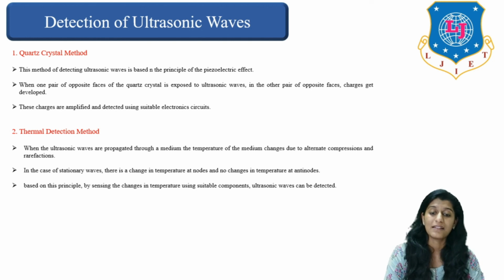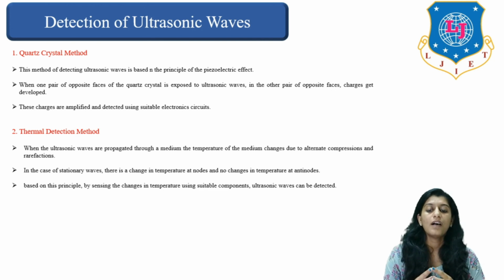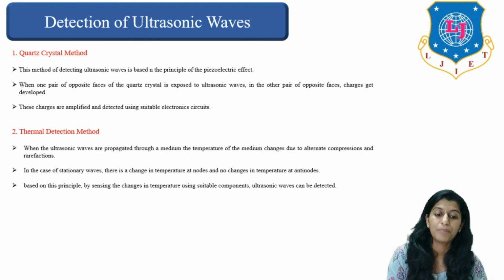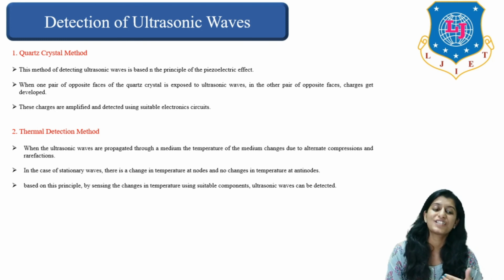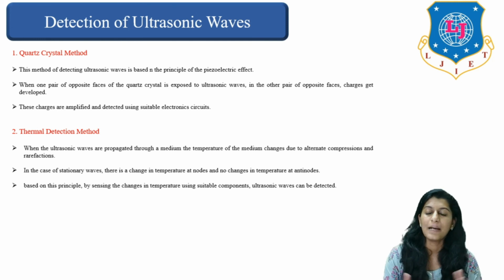The next method will be the thermal detection method. In this method, when the ultrasonic waves propagate through a medium, the temperature of the medium changes due to alternate compression and rarefaction, right?